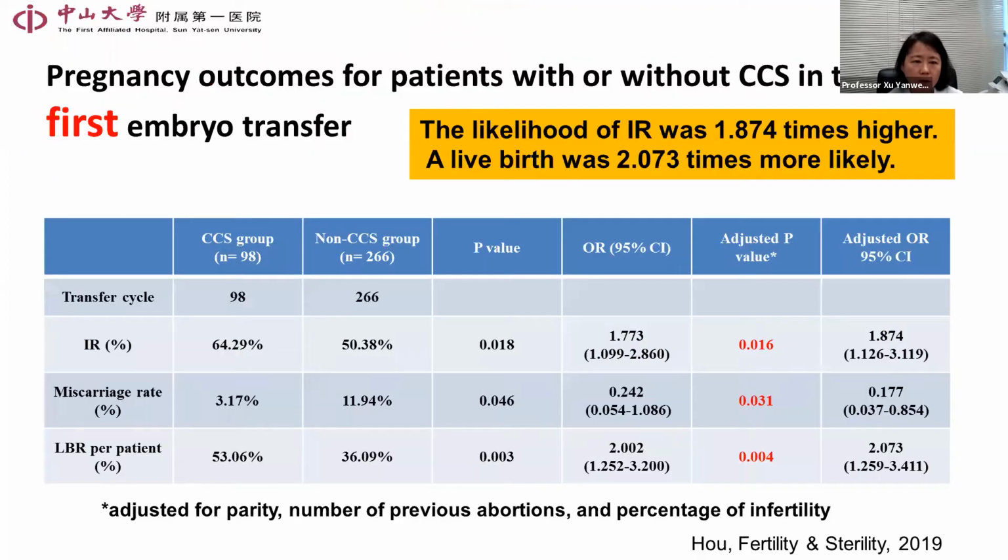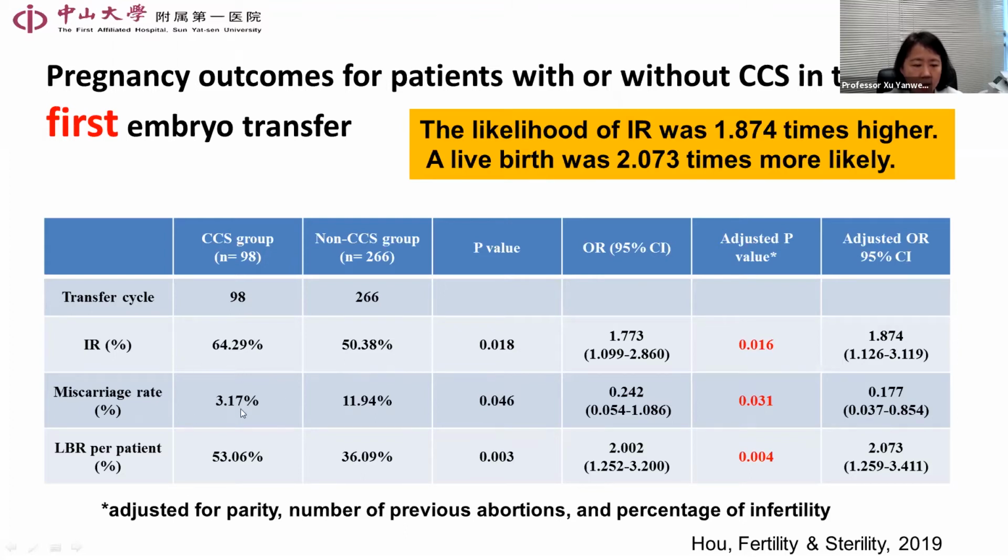Here are the results, perinatal outcomes for patients with or without PGT-A in the first embryo transfer cycle, and a significant difference between the two groups. The implantation rate in the PGT-A group, that is the CCS group, is 64.29%, significantly higher than the non-CCS group without PGT-A, where the implantation rate in the control group is 50.38%.